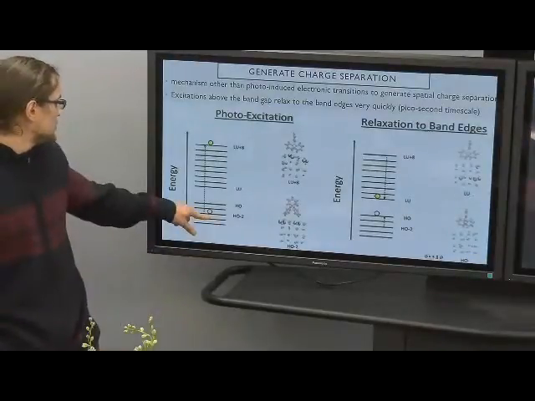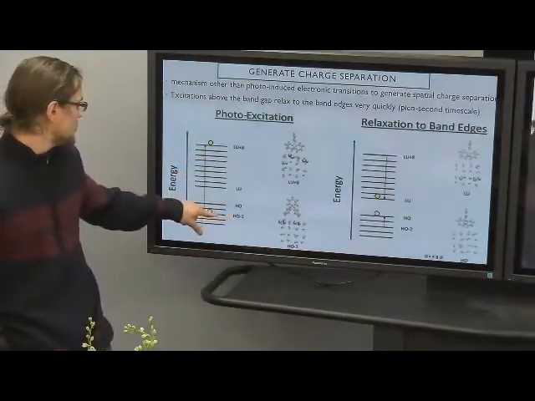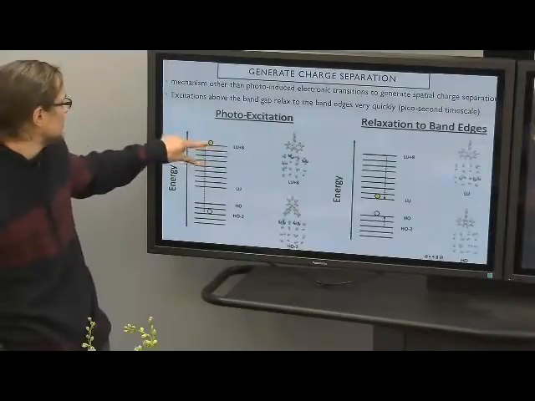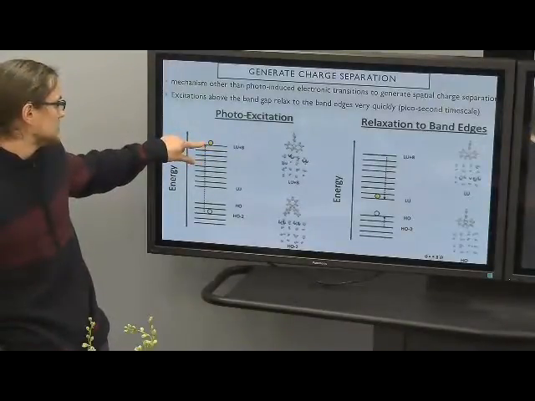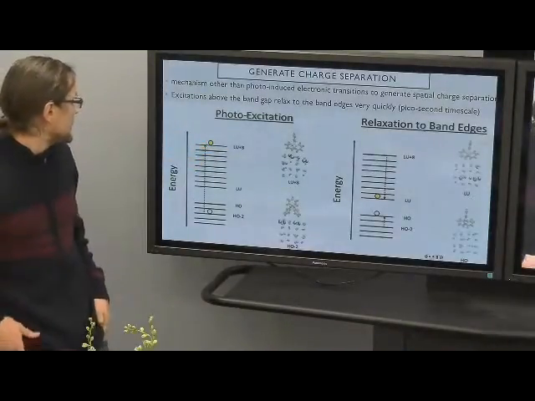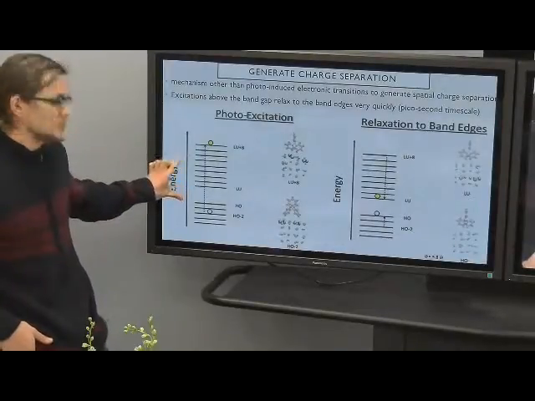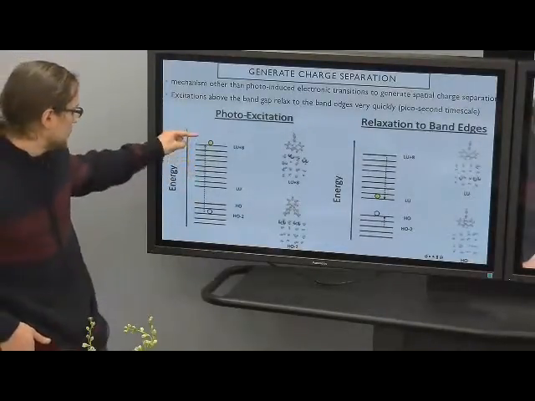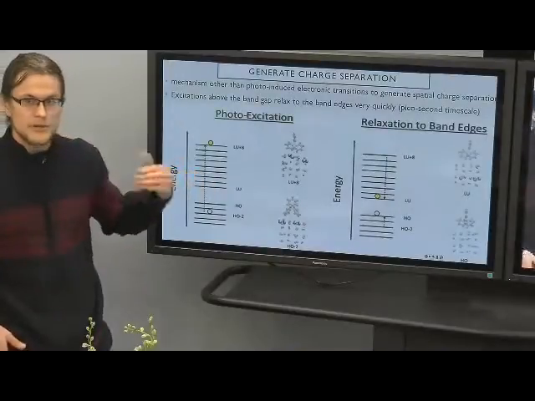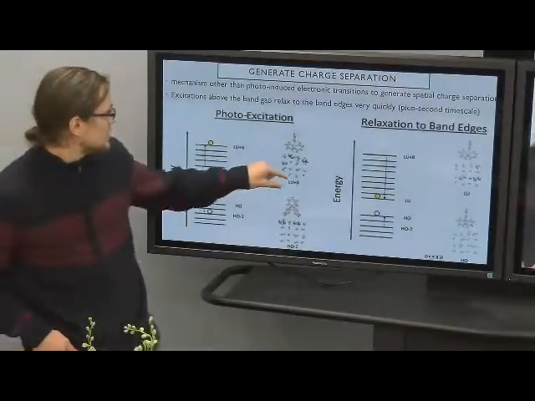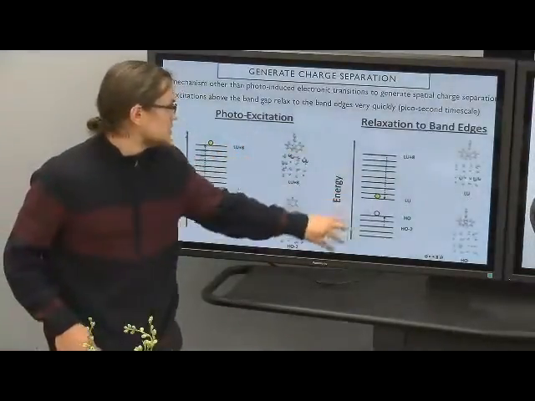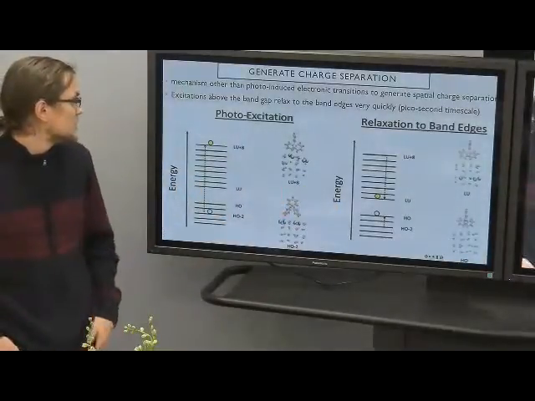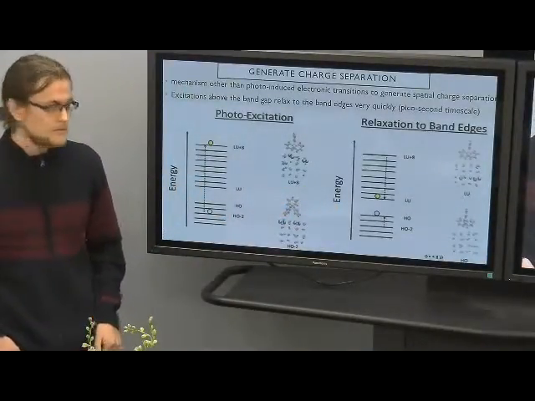On the left, this shows the photo excitation from the HOMO-2 state, which leaves a hole, to the LUMO+8 state where the electron would reside. If you think about it, this is a very unstable state, and the electron will want to come back down and try to get into equilibrium. To do that, it will relax to the band edges, which happens approximately on the picosecond level.